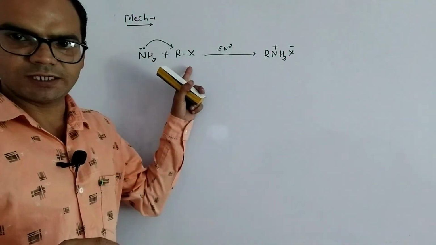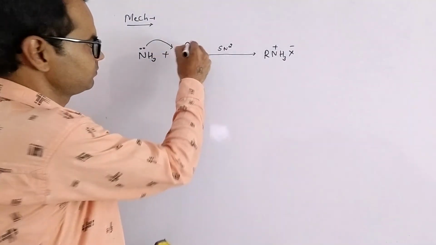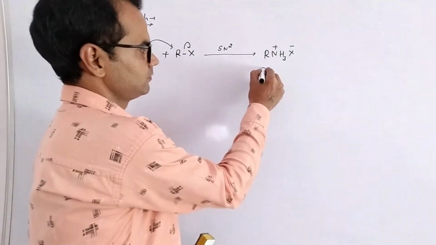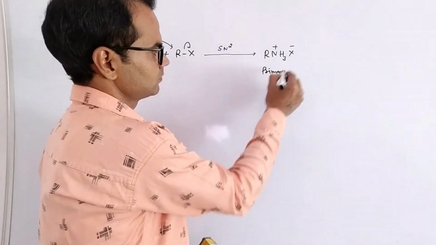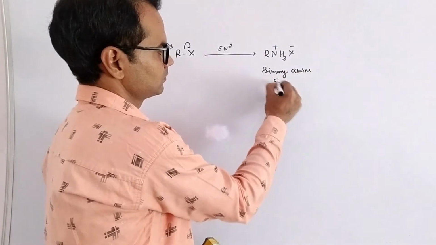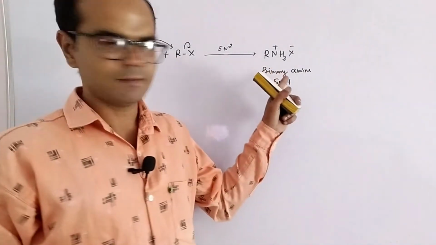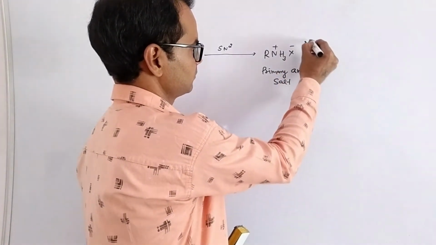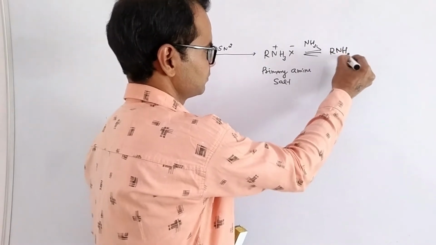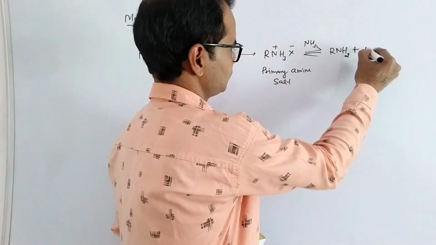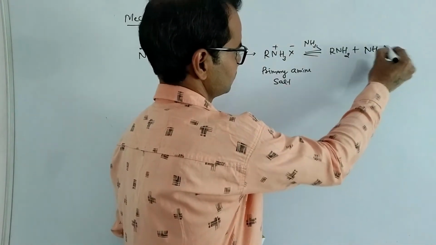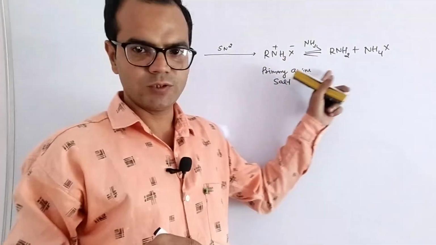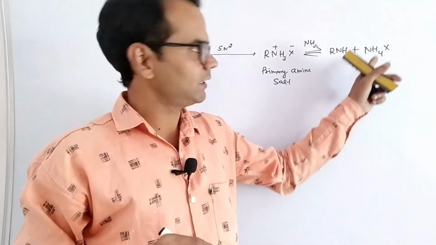If this lone pair attacks on alkyl group, this bond will shift towards halogen. So as a result, primary amine salt is formed. This primary amine salt further reacts with ammonia to give primary amine and ammonium halide.